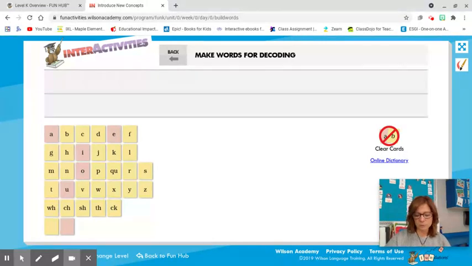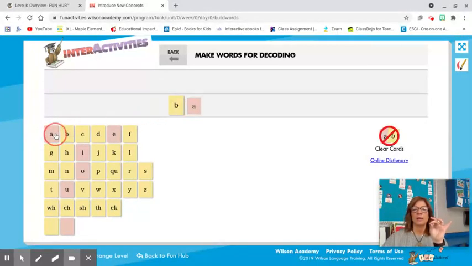All right, we're going to build one more word today. We're going to build the word back. Back. Let's tap it. B-a-k. Back. So our first sound was B. So let's get that letter. B. A. There we go.